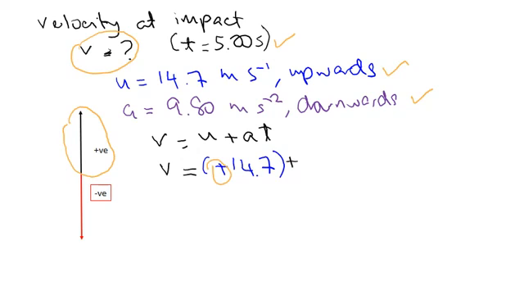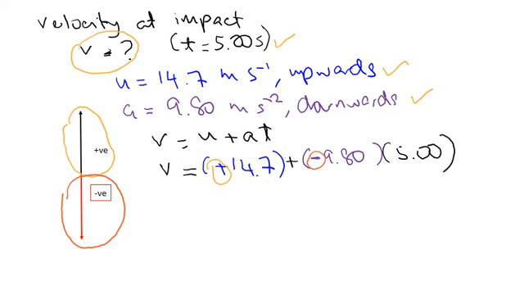Plus a, which is 9.80 meters per second squared, is directed downwards, so I must put a minus sign. Recall the minus sign here is because downwards is taken as negative. And then t is 5.00.